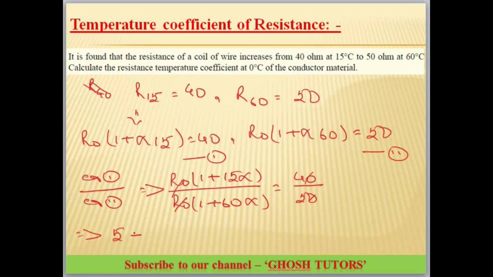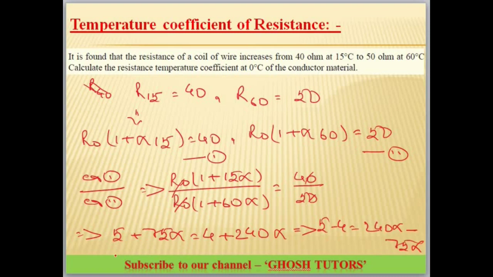We will do cross multiplication. 5 plus 75 alpha is equal to 4 plus 240 alpha. 5 minus 4 is equal to 240 alpha minus 75 alpha.